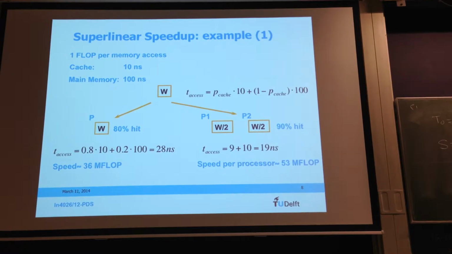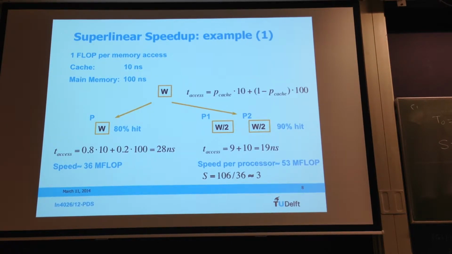But we have two processors, so the speed up is approximately 3. Right? Which is superlinear. Because normally the speed up would only be 2. And that comes back to your remark, just by adding the memory, you have this effect, right? It's not because of the processing speed here, it's because of adding the extra memory that increases the speed.